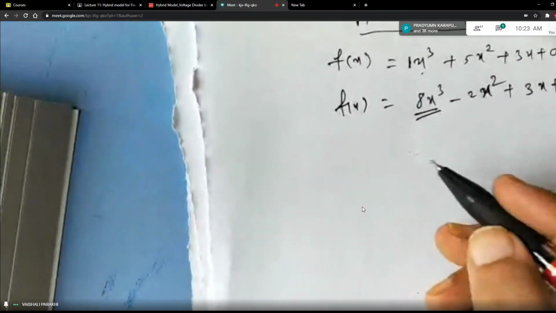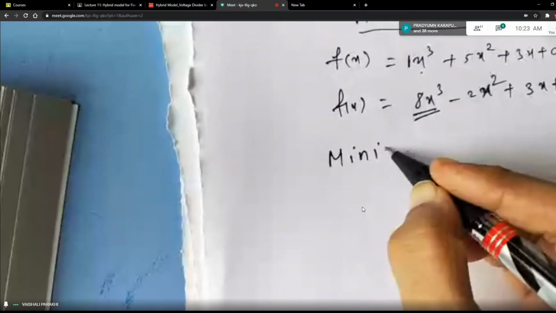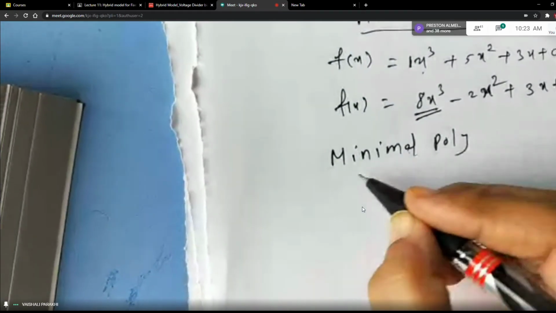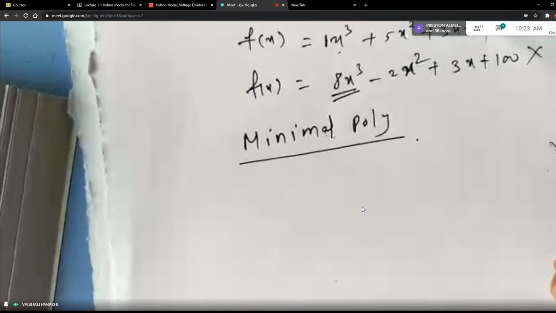And now I will define minimal polynomial. Okay, write down the definition, students.